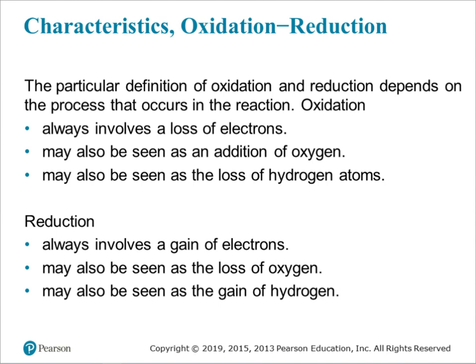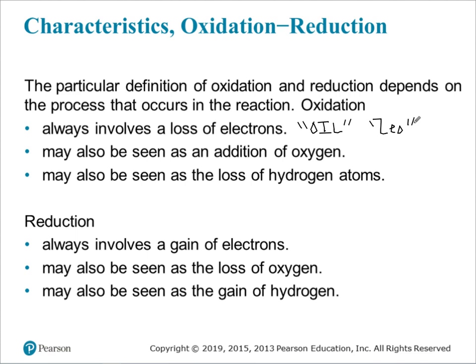This is a summary slide of redox reaction characteristics. So when you're trying to classify something as being oxidized or reduced, these are the characteristics that you can look for. So oxidation always involves loss of electrons. So remember, this is the oil part of oil rig, or the Leo part of Leo the lion goes grr.